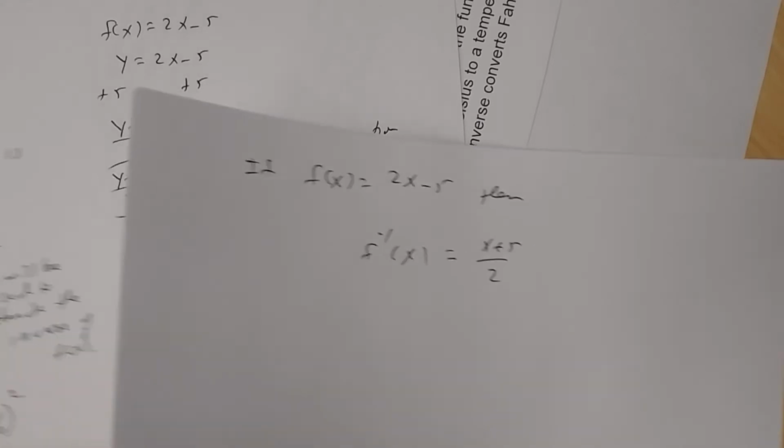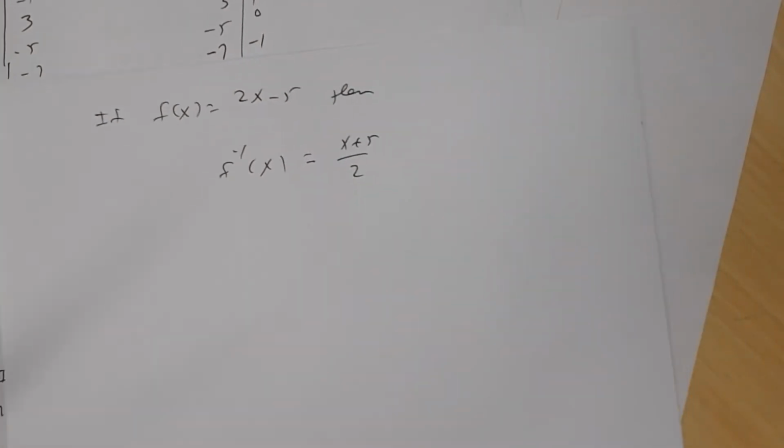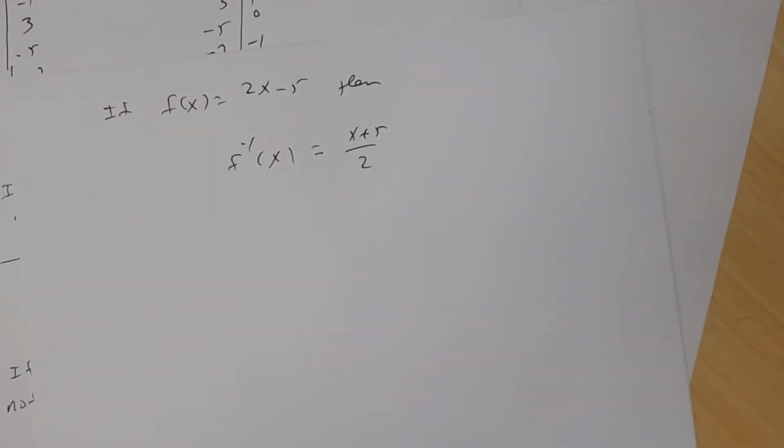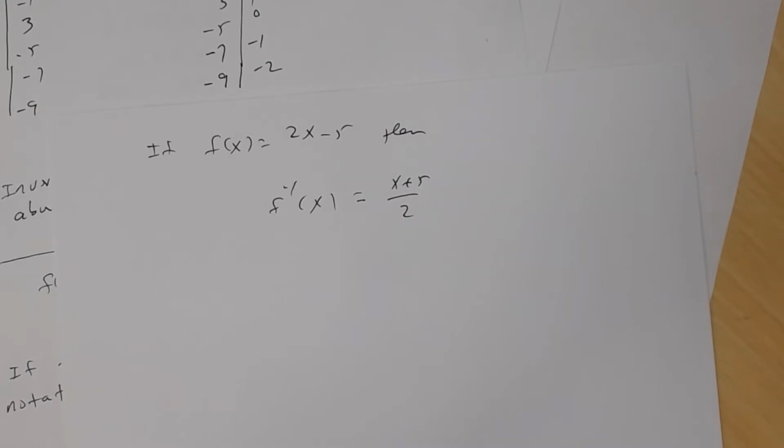Now let's look at another example. Let's do one more example. I'm going to use a line. We're only going to be dealing mostly with lines here, and just finding that inverse, and then we're going to graph it. So let's look at this example.